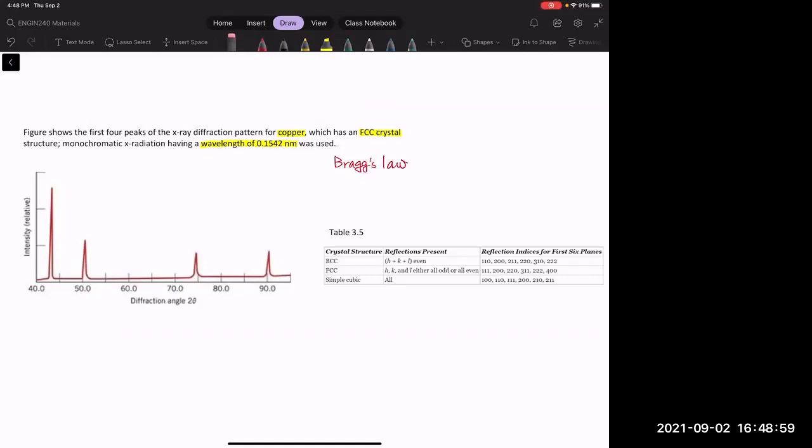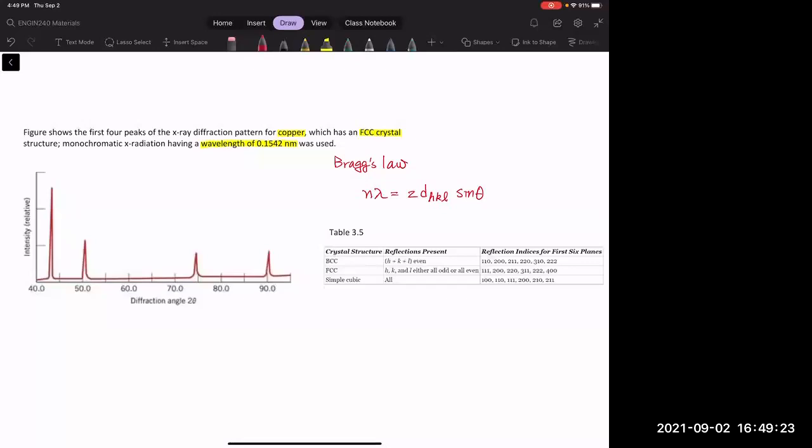This law tells us if you have the X-ray at a certain wavelength, the energy of the wavelength, if that happened to be this, then you're going to have a peak.